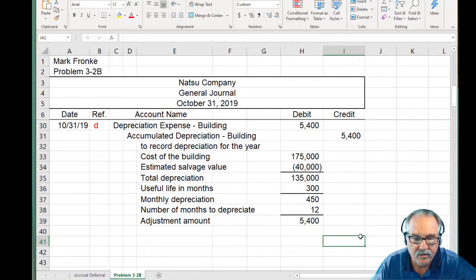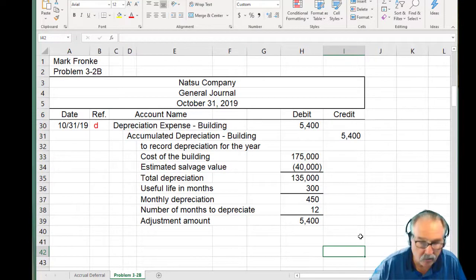This year, 2019, we're going to depreciate 12 months, so our adjustment amount is $5,400. Debit depreciation expense for the building, $5,400. Credit accumulated depreciation for the building, $5,400. Again, they gave you that number, and we will do a lot more of these calculations in the fixed asset chapter later on in the semester, but it can't hurt to review this now.